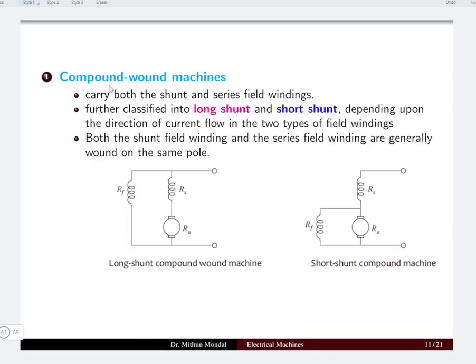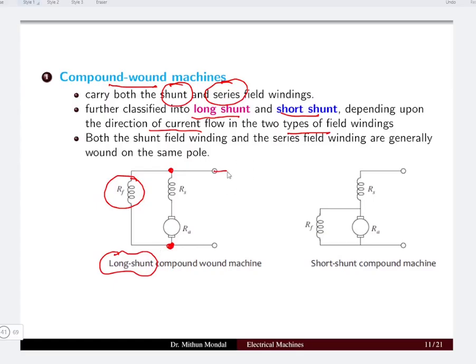Now in case of a compound wound machine, the machine carries both the shunt field as well as the series field, and depending upon the connection it is classified as long shunt and short shunt. So we can see the long shunt compound machine, where the shunt field winding is connected across the entire terminal of the load.